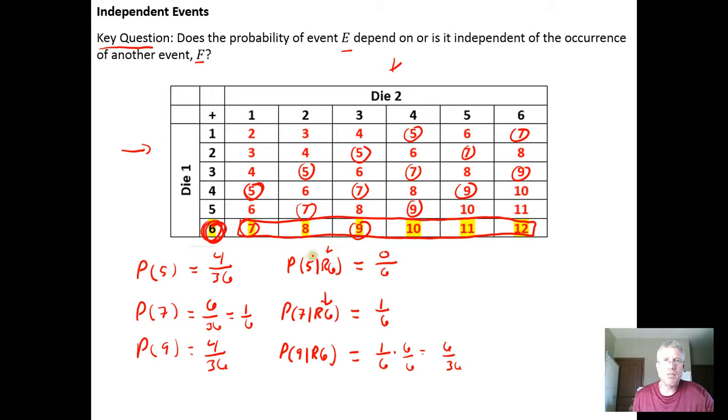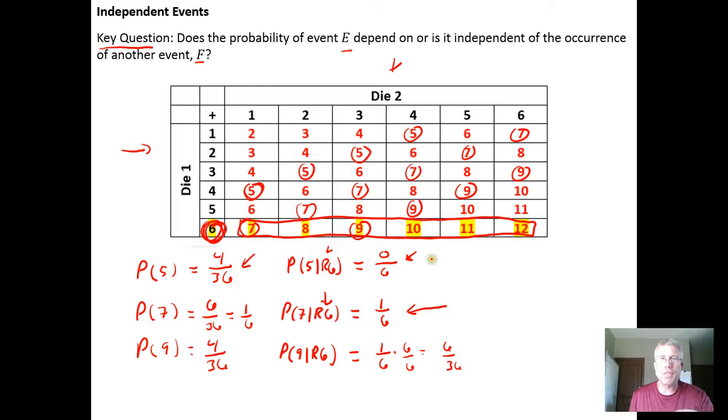So the probability that we got a 5, given a 6 had been rolled, changed from the original probability. It decreased to 0. The probability of getting a sum of 9 improved to 6 over 36 from 4 over 36. But the probability that we got a 7 was completely not impacted by whether we had rolled a 6 on the first die or not.